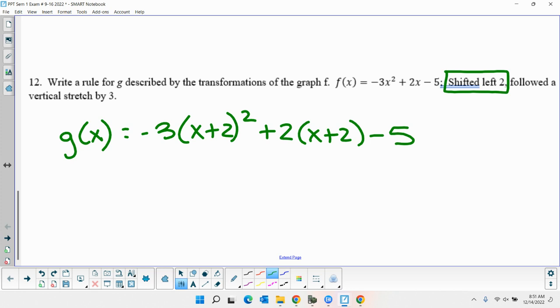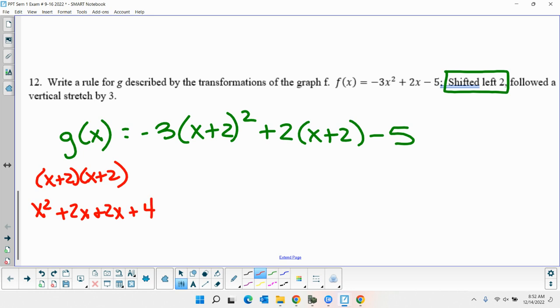Now remember, x plus 2 squared means this. When you square something, you multiply it by itself, right? We all know that. So you got to FOIL that. X times x for first, x times 2 for outside, 2 times x for inside, and 2 times 2 for last.